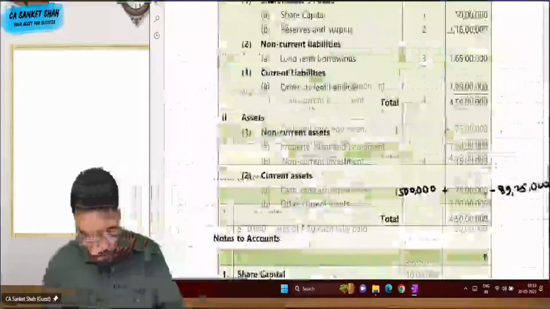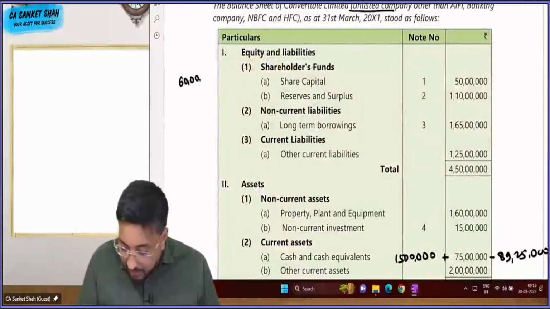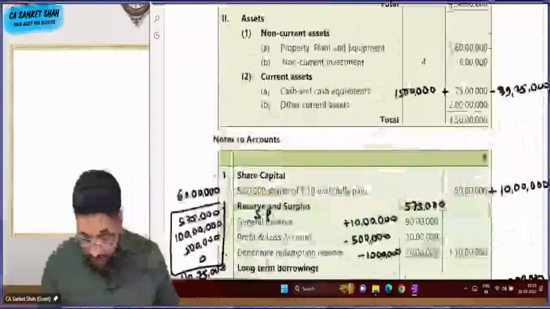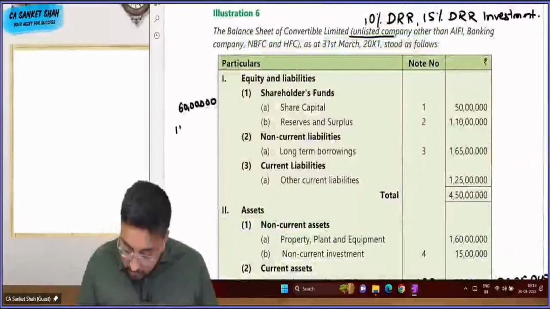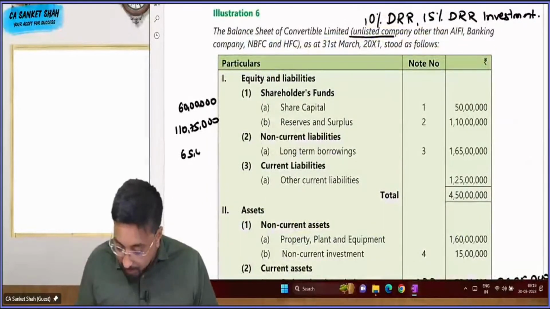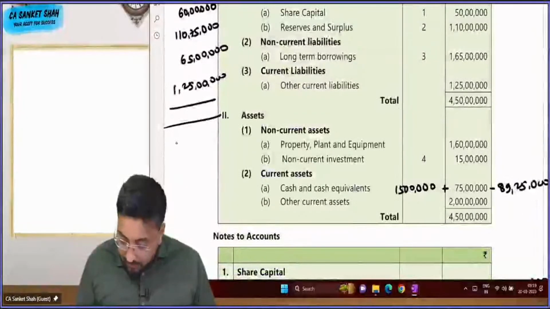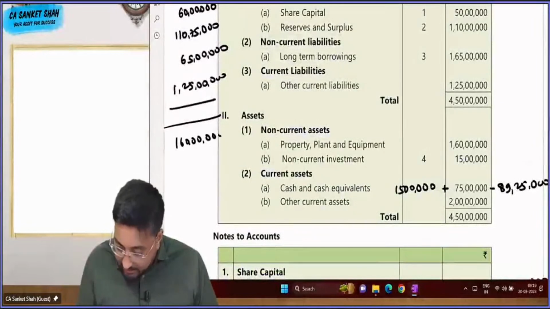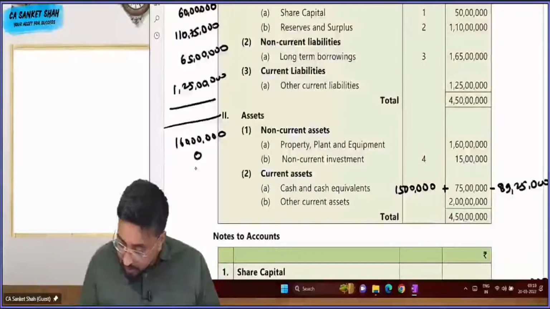So I will show my share capital, 60 lakhs. Update your trial balance sheet. 60 lakhs. 1 crore 10 lakh 75,000. Long-term borrowings 65 lakhs. Other current liabilities 1 crore 25 lakhs. Property, plant and equipment 1 crore 60 lakhs.